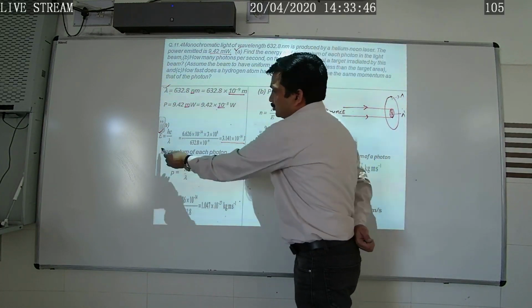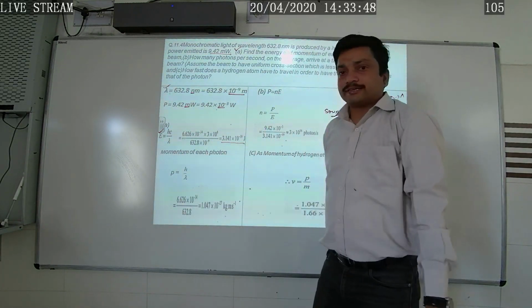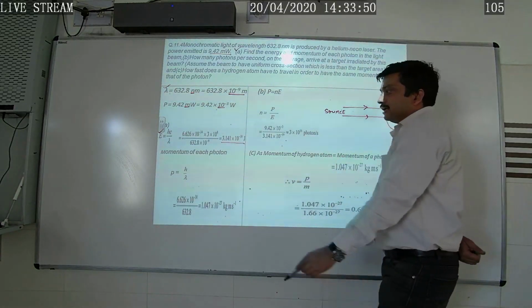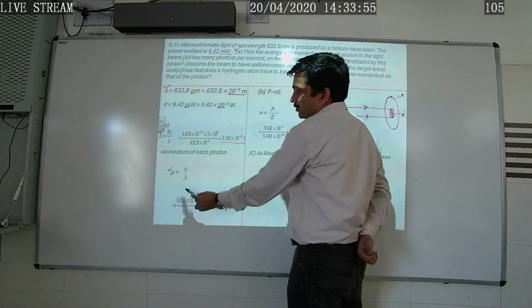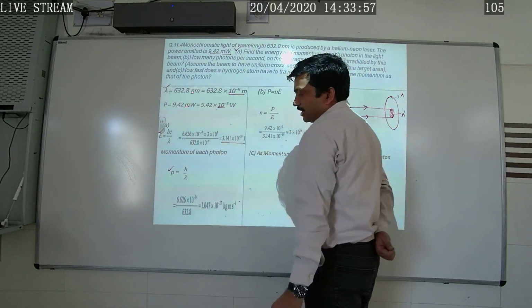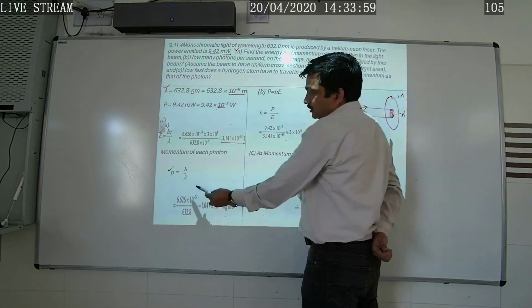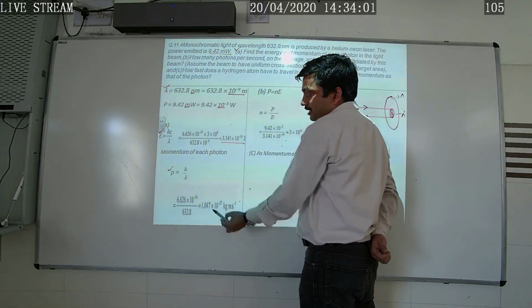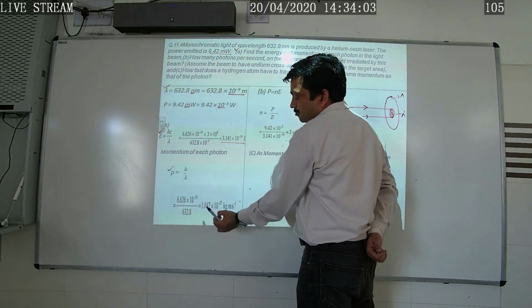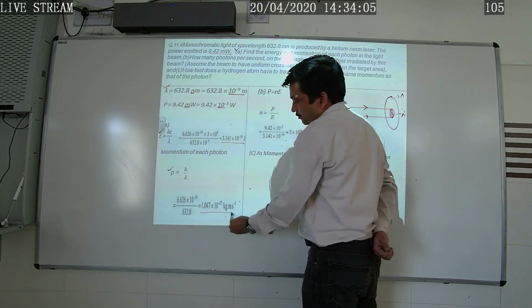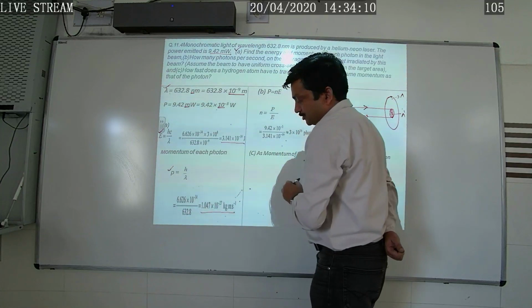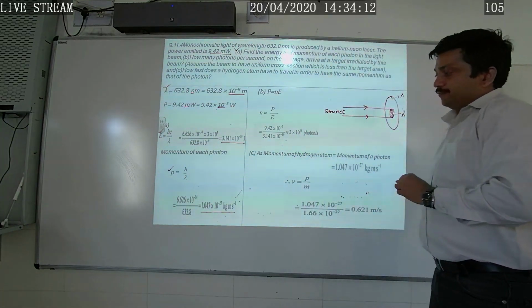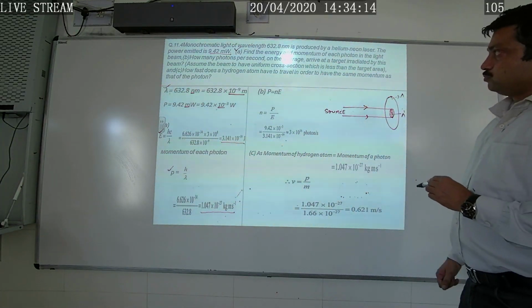Further, the momentum associated with the photon, a characteristic of the particle nature of light, is given by p equals h by lambda. Substituting the values, we got the answer 1.047 into 10 to the power minus 27 kilogram meter per second.